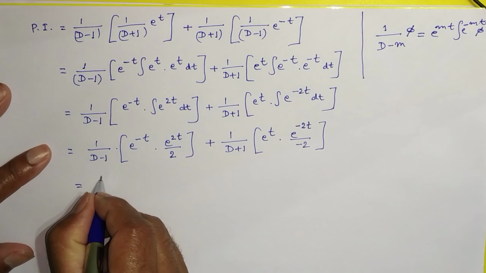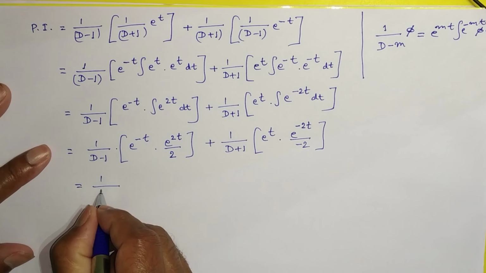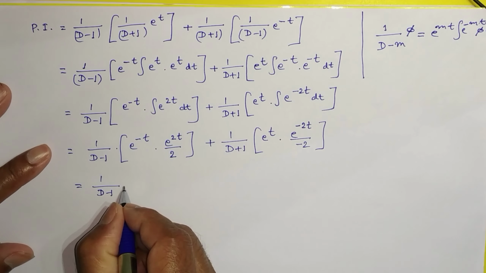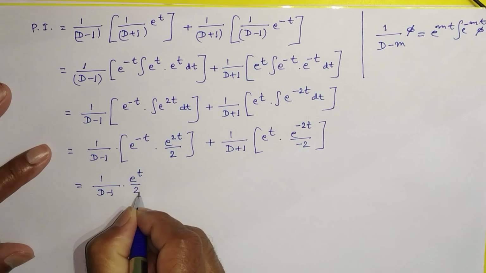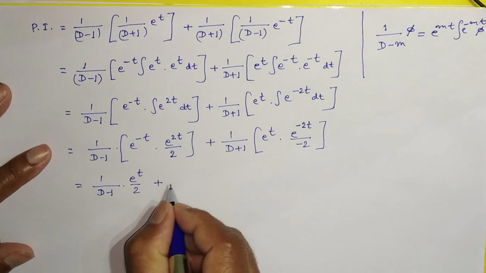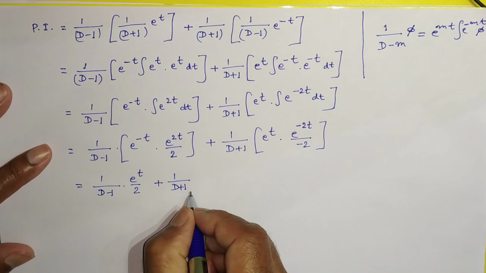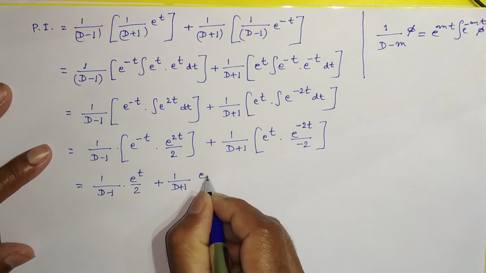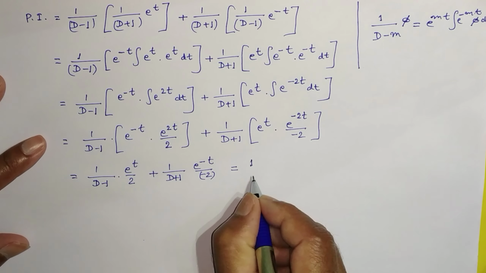So we have 1 upon D minus 1 e raised to t upon 2, and the second term is 1 upon D plus 1 e raised to minus t multiplied by minus 2.